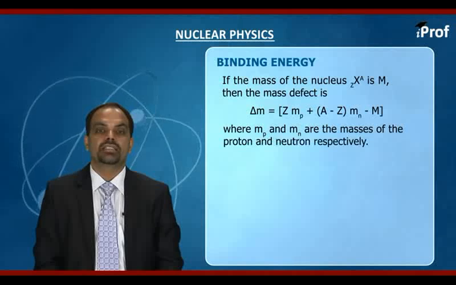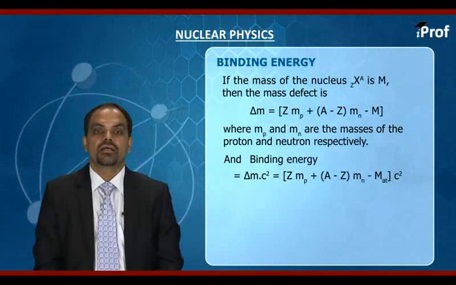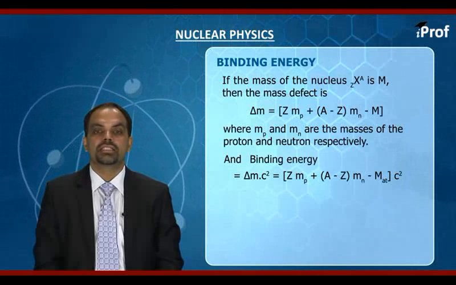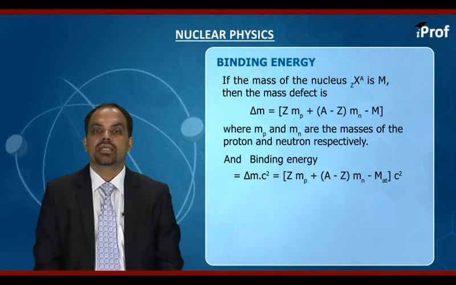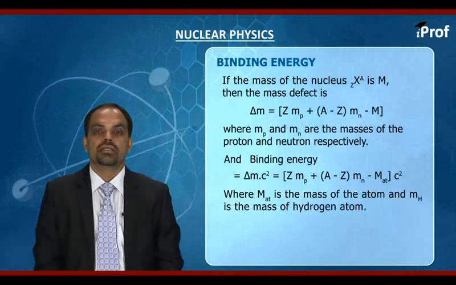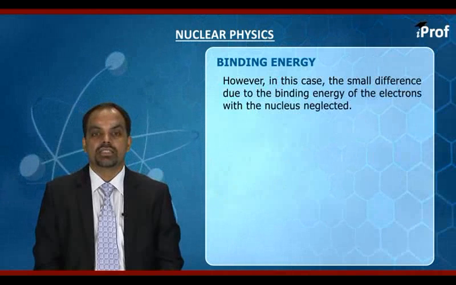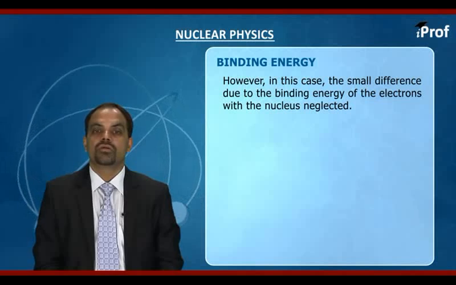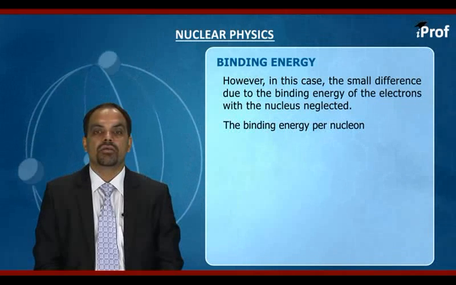Now this binding energy will be simply delta m c square. Now if we use atomic masses instead of nuclear masses, the binding energy can be written by replacing nuclear masses with atomic masses. Now we have the important term, which is binding energy per nucleon.